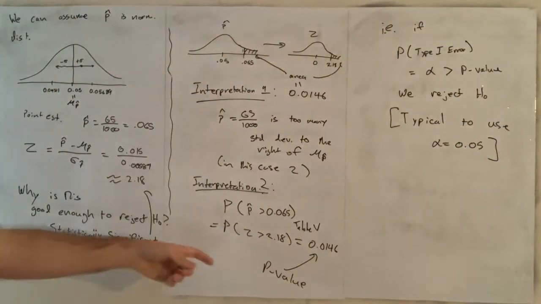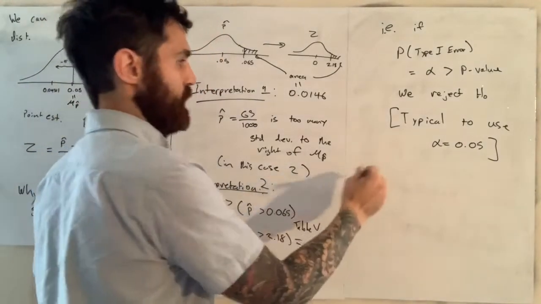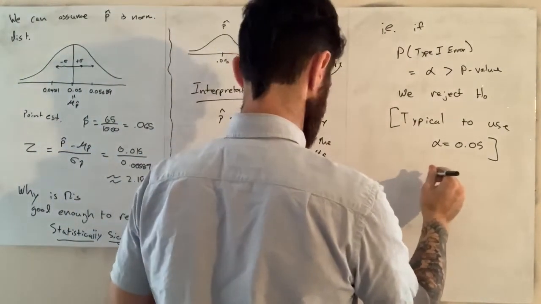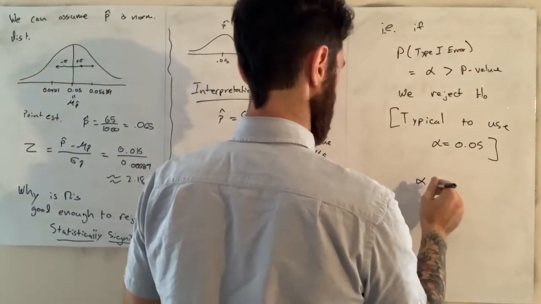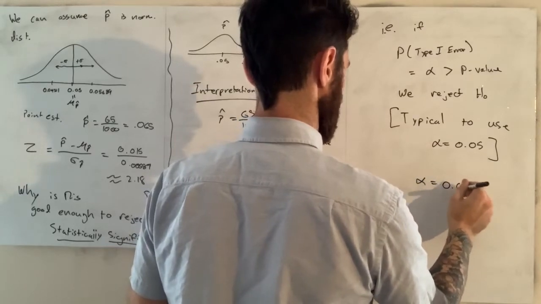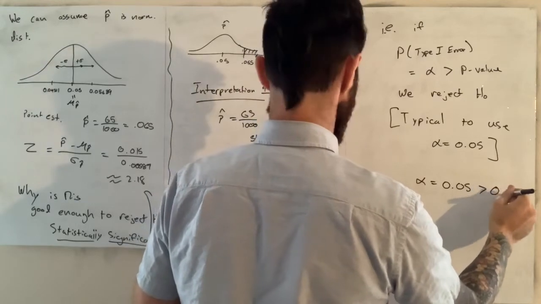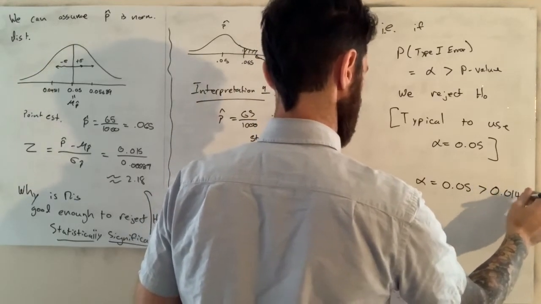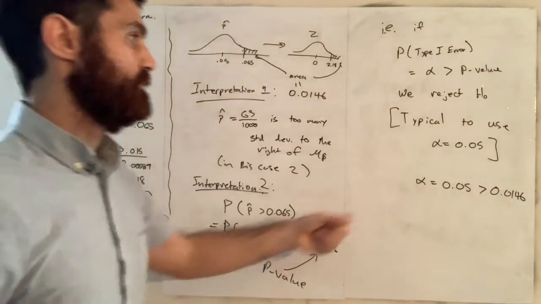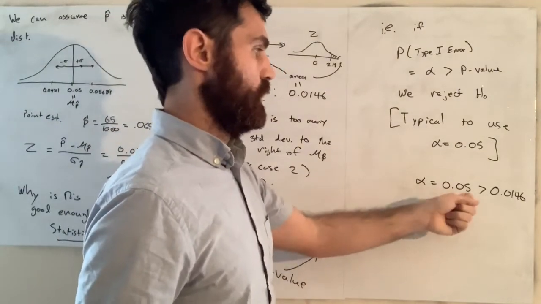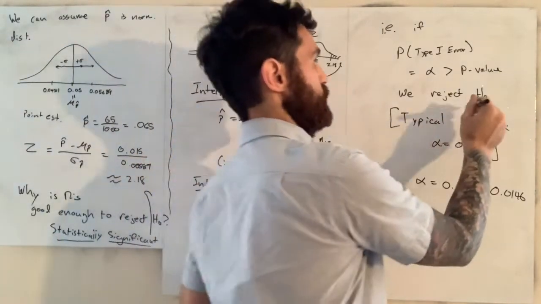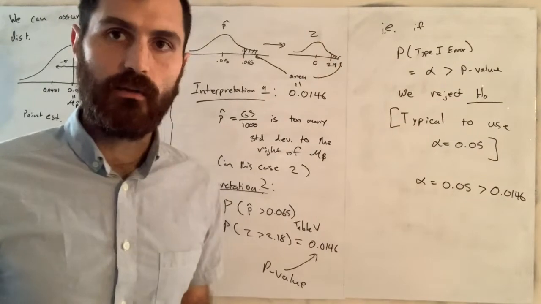So in this case, what we've done is we've found that alpha, which is equal to 0.05, is greater than 0.0146. And so what we've done is we're going to use this level of significance to reject our H0.